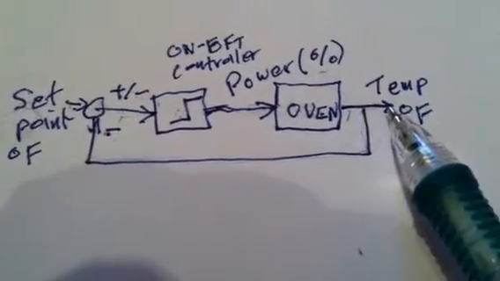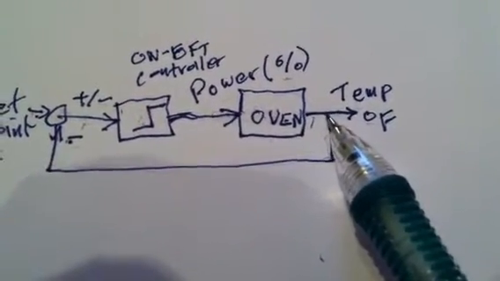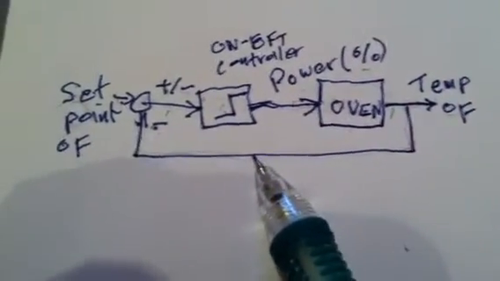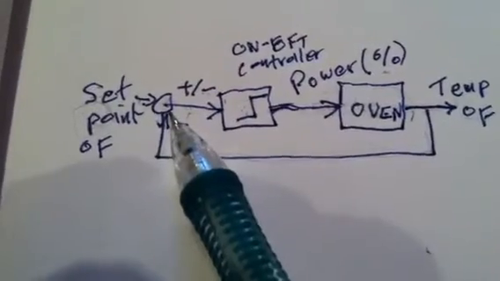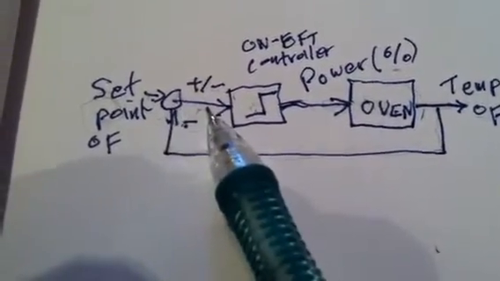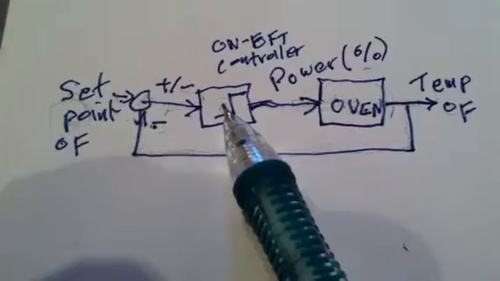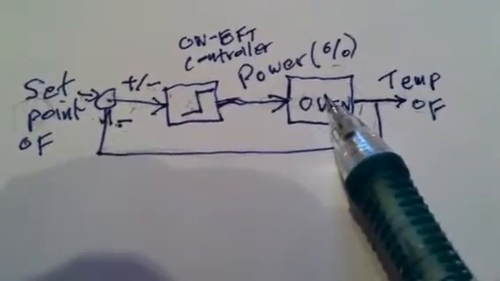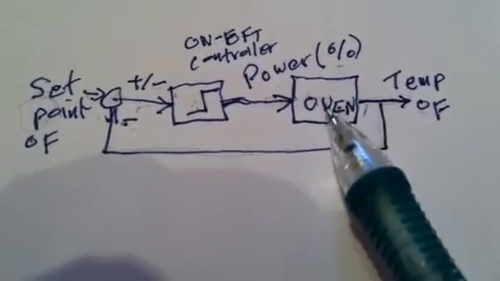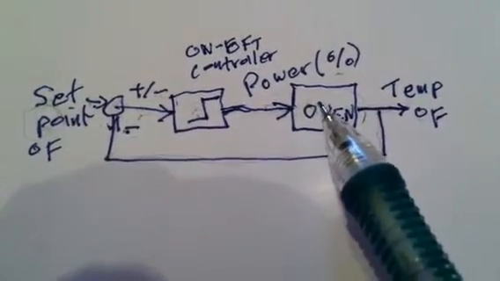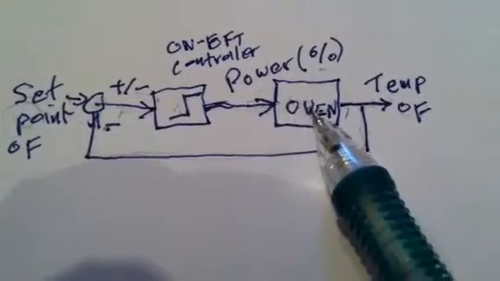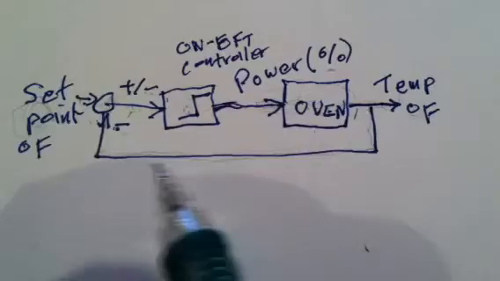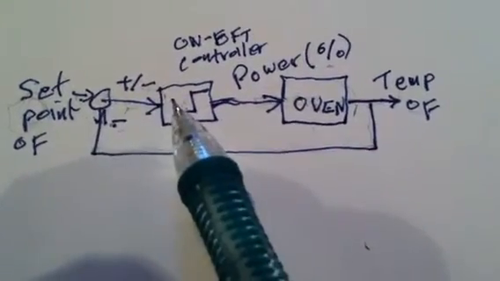And the temperature changes over time, and then when it gets to 201 degrees, let's see what happens here. 201 subtracted from 200 gives a negative number, and the controller says, ooh, turn off the power. So it goes to 0% power. The oven sits there and loses heat through the walls and through the top and bottom of the oven until it finally gets down somewhere below 200, and this comes around and says, oh, turn me on again.